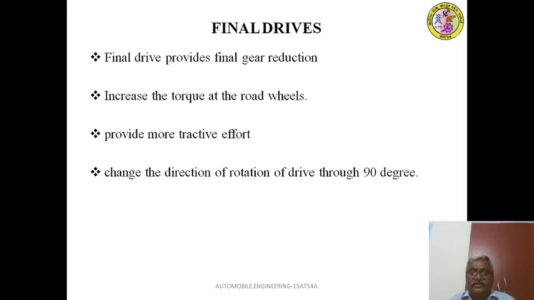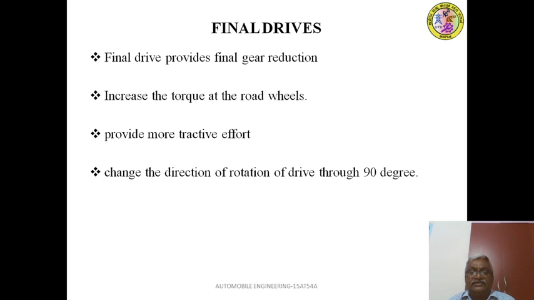By providing gear reduction, we can increase the torque at the road wheels by decreasing the speed of the road wheels, because to overcome road resistance or to propel the vehicle, more torque is necessary at the road wheels. So that torque is provided by these gear reductions.